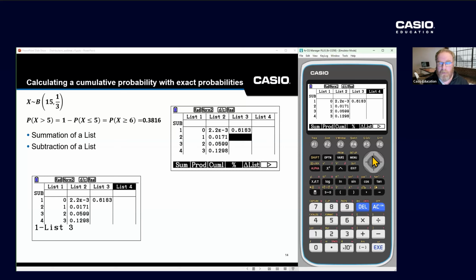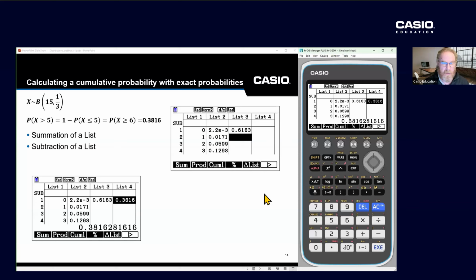I don't need to, but I'm just demonstrating what you could do. So I could do 1 subtract all of list 3. Okay. So if list 3 had more than 1 value, I would get more than 1 value in list 4 as well. So when I calculate that, I get the probability. So this is 6 or more.